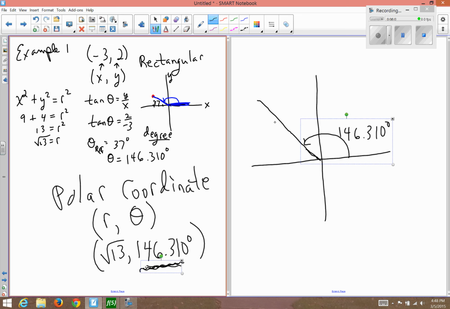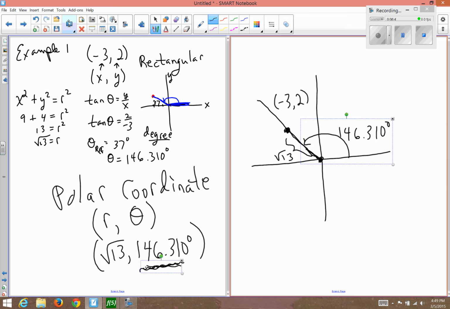On this line here, we measure out the square root of 13 from the origin. And where we end up, as long as this distance is radical 13, that's the point whose rectangular coordinates are -3, +2. Notice these are both positive numbers, because r means the distance from the point to the origin, and theta is the angle which is in the second quadrant.